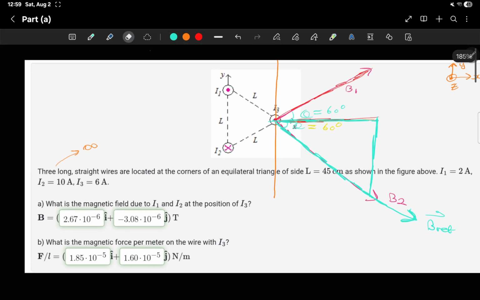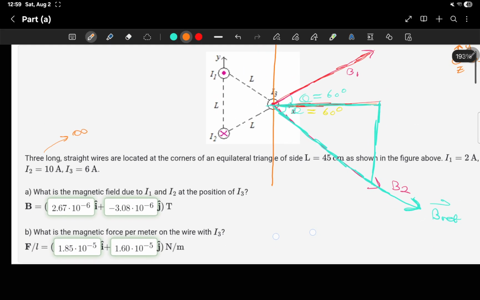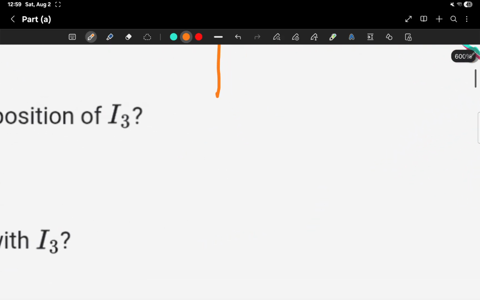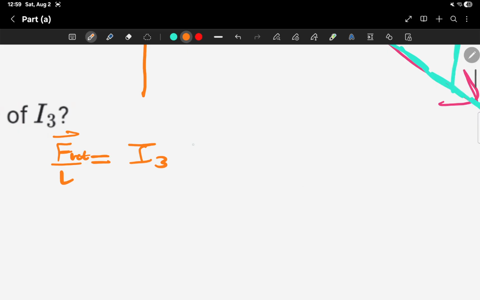Now to find the magnetic force per meter on wire 3, we used the formula from the magnetic field chapter. This doesn't mean anything, it's just a notation. So basically I'm talking about this formula.